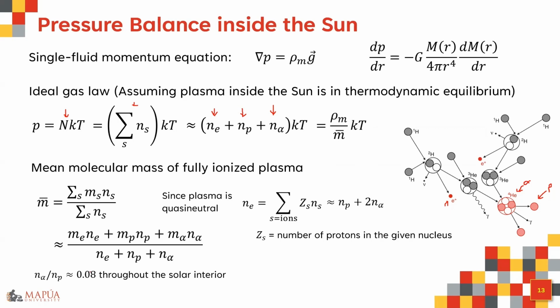So using this approximate value, the mean molecular mass is about 0.6 times the mass of a proton. So if we use this value here, given the variations of density, you can calculate the pressure variations. Of course, we all know that temperature also varies.